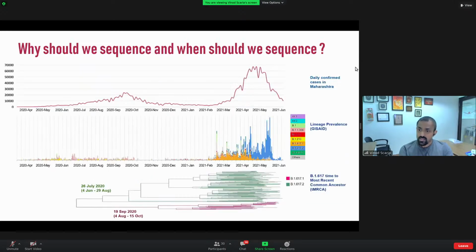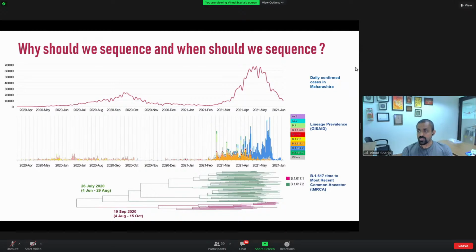It is of great importance to understand this and to sequence in a very systematic way. And this is one slide that I would show to convince you how important it is to sequence in a very systematic way and in high depth. What you see here is essentially Delta and Kappa.